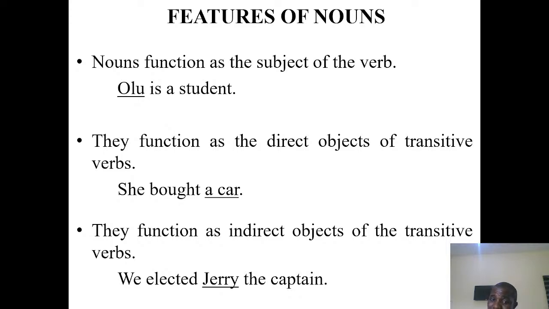But when there are no two objects, then it means that we are dealing with a direct object. So in this case, we elected Jerry the captain. Jerry is the indirect object, and a noun can function as an indirect object just as it can function as a direct object. The captain is the direct object.